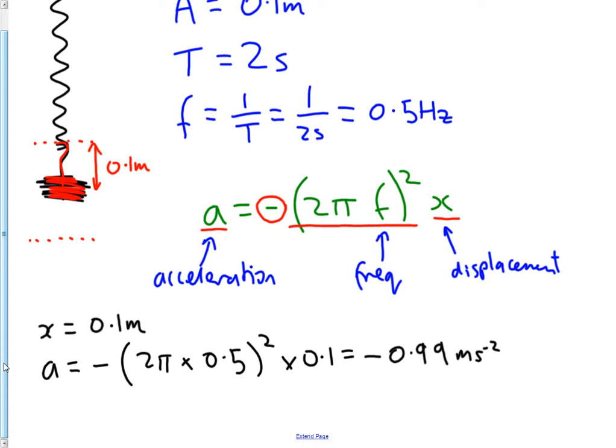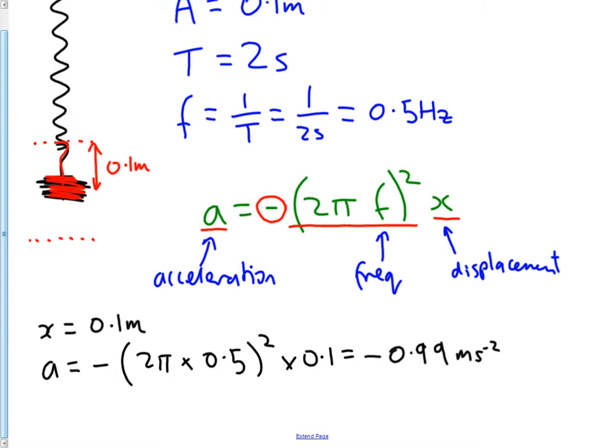Now, this acceleration is minus, which means it's negative, which means it's downwards. So when this is raised up by 0.1 meters, the acceleration is downwards, the resultant force is downwards. Well, that makes perfect sense.